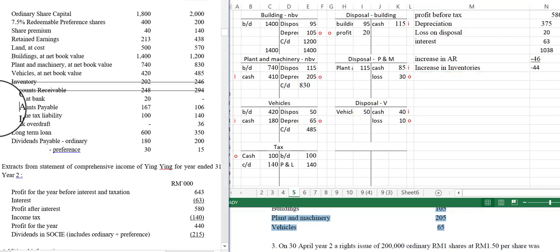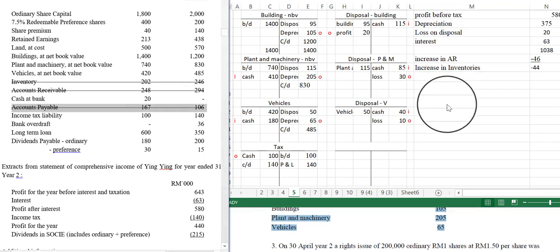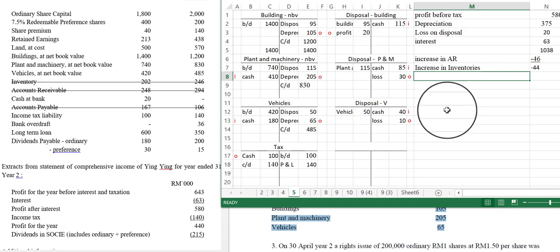And the last one will be this one, account payable 167. From 167 decrease to 106. So decrease in accounts payable, it's a decrease in your account payable. Basically means that you're paying off your creditors, so your cash flow is reduced.